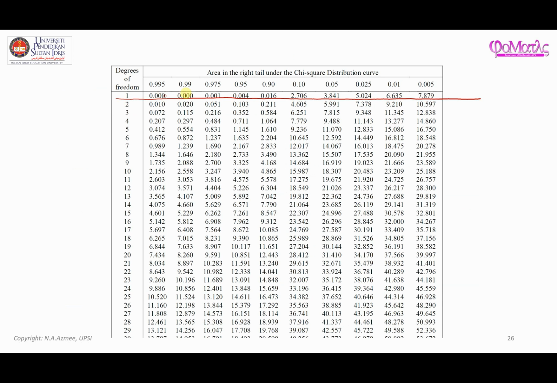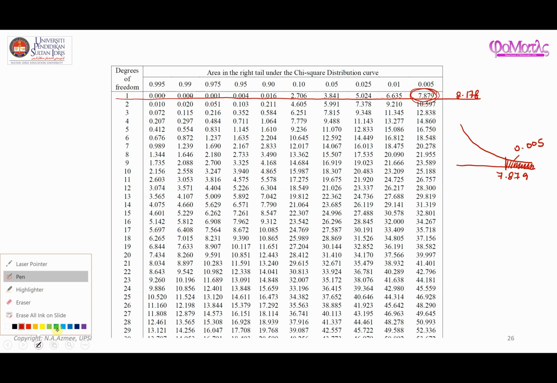You can see that the values here are increasing, and the value of 8.178 will be somewhere here, outside of the table. It's not even inside the table. Now at this point, we know that for value 7.879, the area is very small already, which is 0.005.